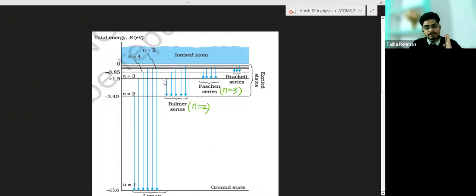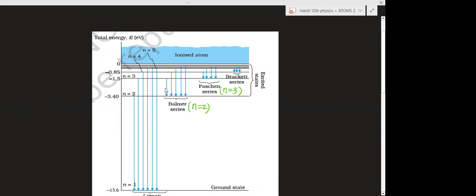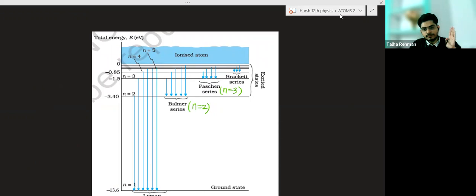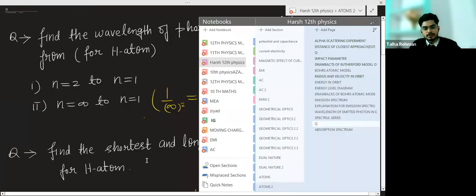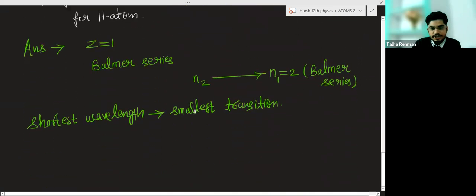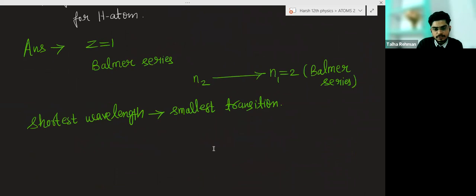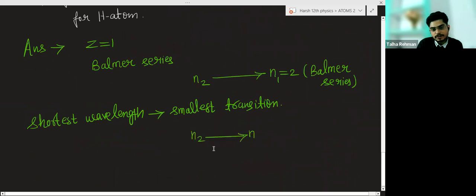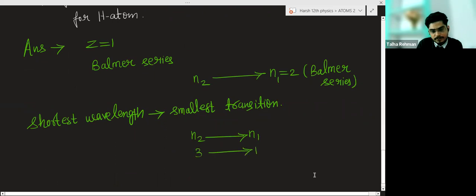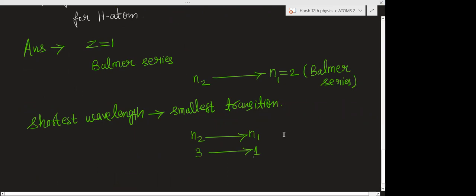Smallest transition means the energy gap should be minimum. So the value of n2 is 3, and the electron should move from 3 to 2. This will give you the shortest wavelength.